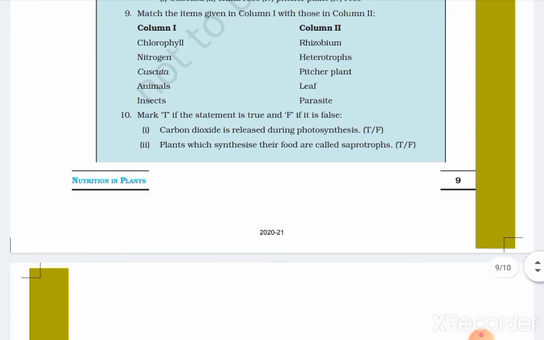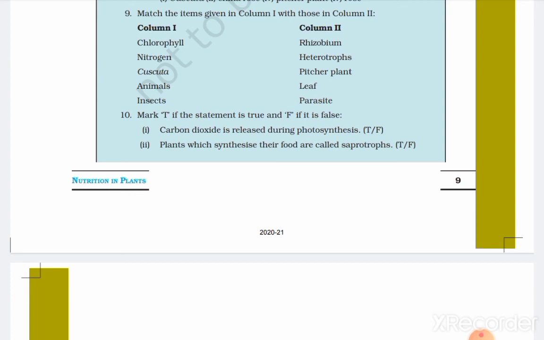Mark T if the statement is true or false. Carbon dioxide is released during photosynthesis. False. But it is partially true. No. It is false. Carbon dioxide is released in the night. In some plants, it doesn't release the carbon dioxide in night.